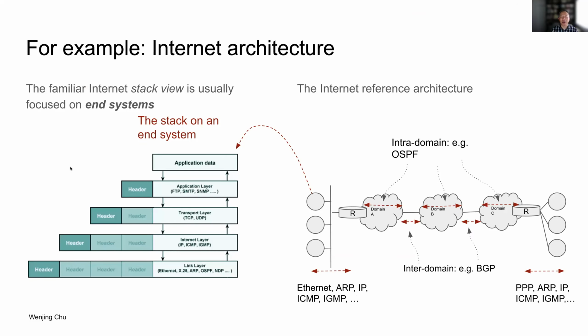So let's take some examples. Hopefully most people understand what is an internet architecture, and it's often expressed as a stack. People call that TCP/IP stack, picking on two of the most commonly known protocols in that stack.